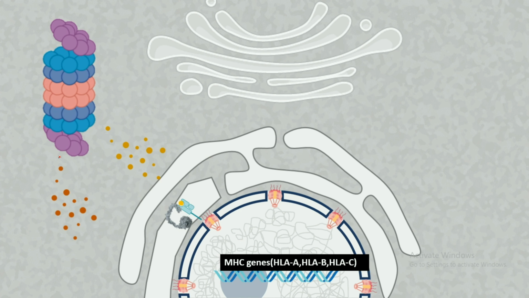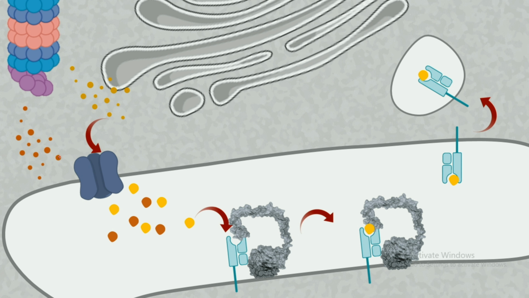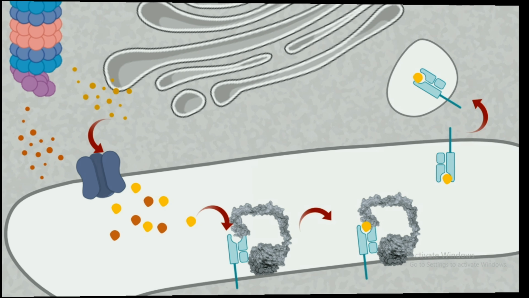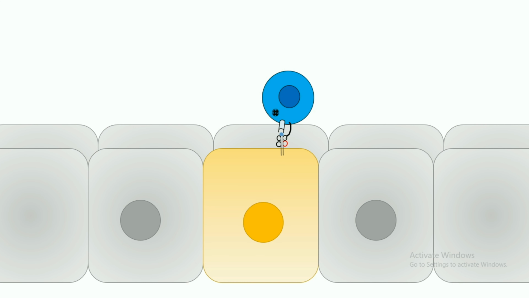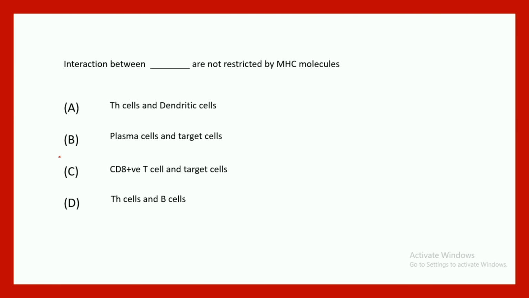So the major event here is loading of the viral antigen along with the self antigen on the class 1 MHC, and several transporters and chaperone molecules help in this process. And ultimately, it helps to present these viral antigens to the cytotoxic T cells, right? And which would lead to the apoptosis of the infected cell.